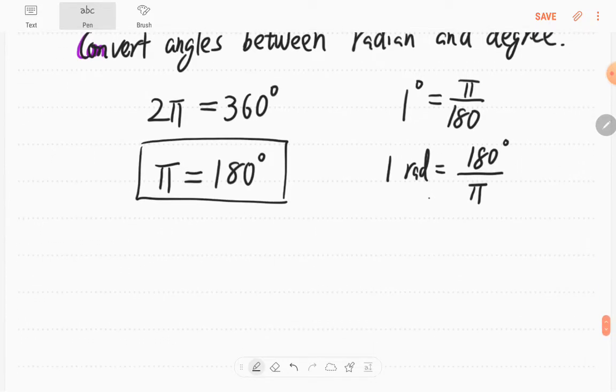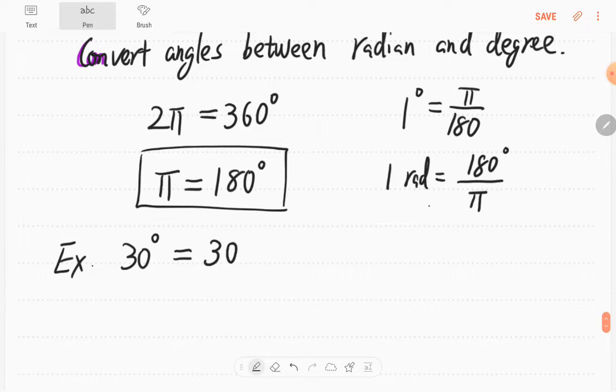Now let's look at some examples. If you have 30 degrees, how many radians would it be? You have 30 times 1 degree, and each 1 degree is equal to pi over 180. So 30 degrees is actually pi over 6.